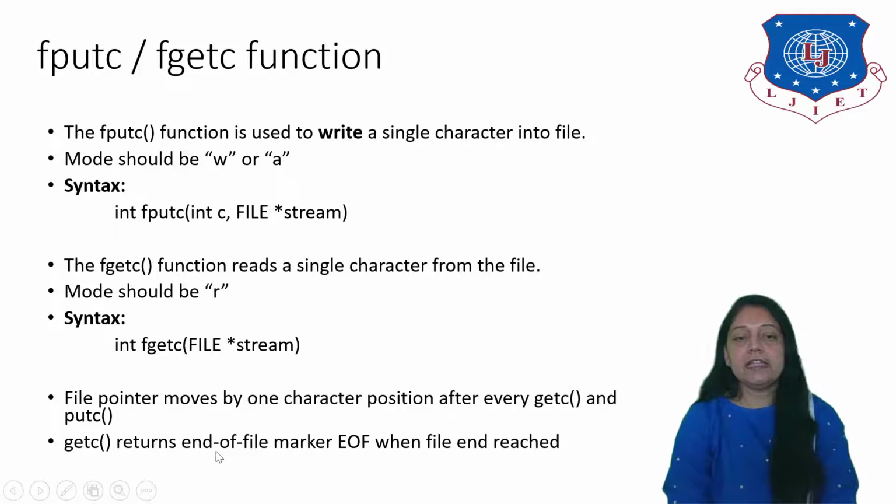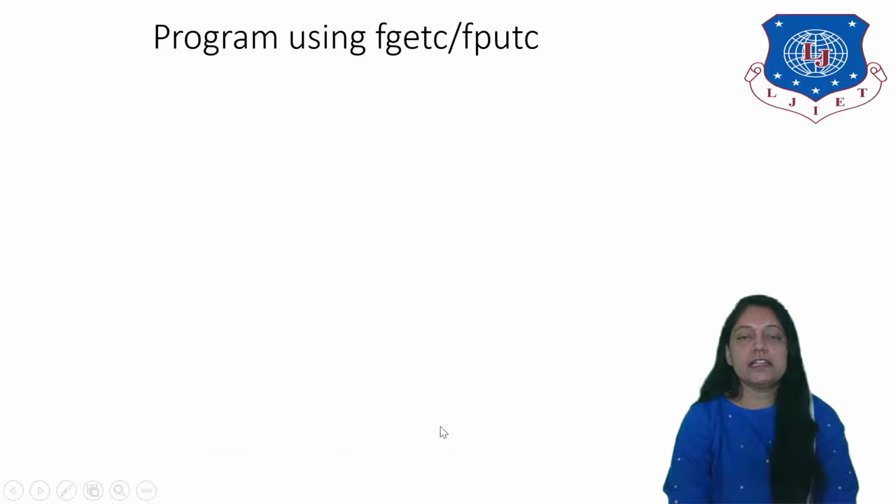Also, getc will return EOF, that is end of file, when you have read all the characters present in the file. So EOF is used for testing purposes when we want to read data from a file. So let's see one example of how we are going to use the fgetc, fputc, fopen and fclose functions in a program.